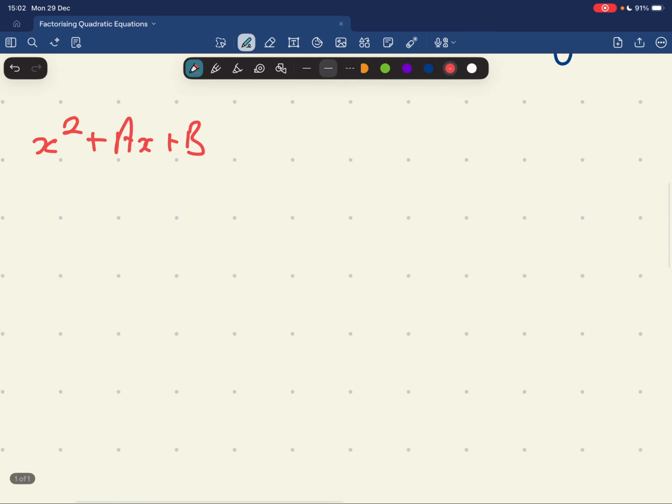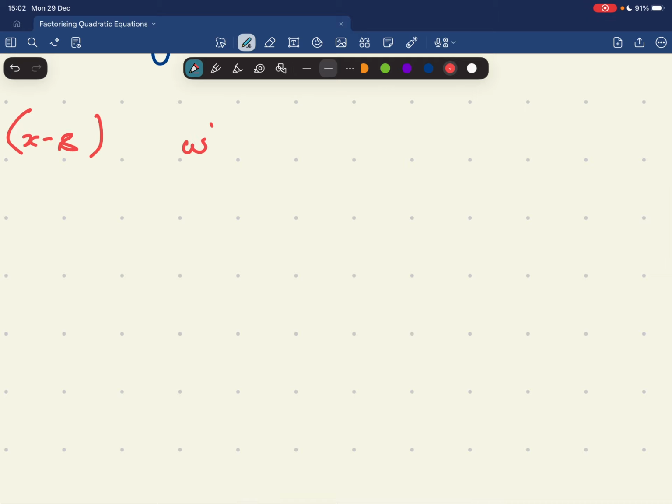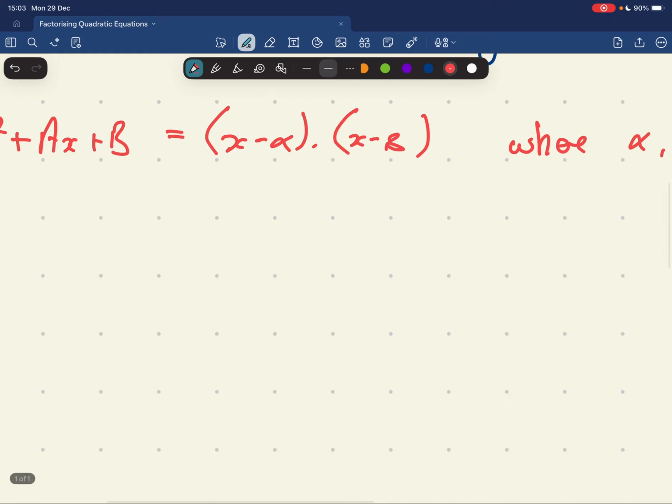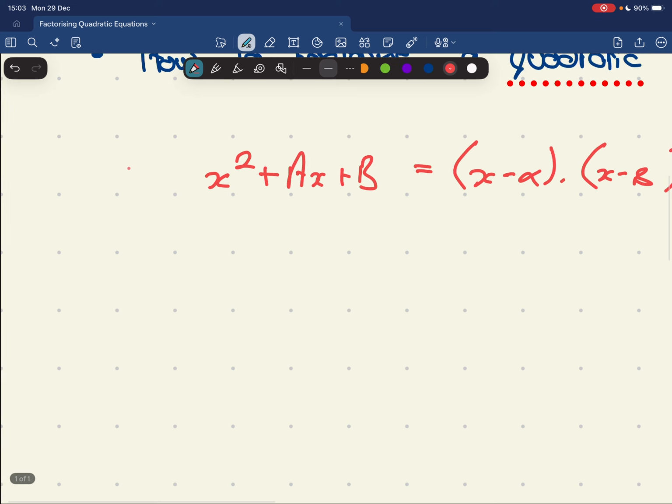These are going to be factorized as x minus alpha times x minus beta, where alpha and beta are the roots of the quadratic equation. The quadratic equation is when you set this entire thing to 0. So you could set the quadratic to 0 and that becomes the quadratic equation.